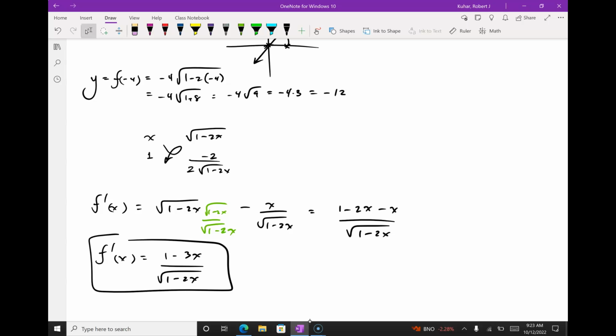So once I get here in black, I see that I have an LCD of this, so I multiply the piece that's missing the LCD by the LCD over itself. Okay, so now everybody has the same downstairs, but upstairs is 1 minus 2x minus x. Right, does that make sense? It kind of looks like a conjugate, but it's not.